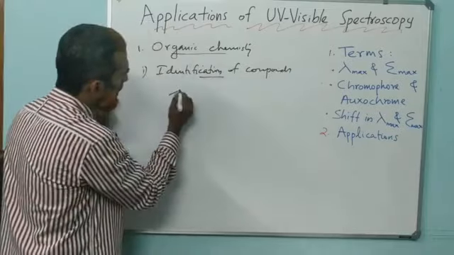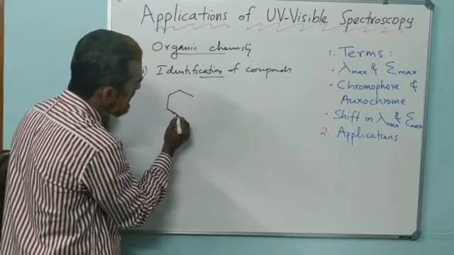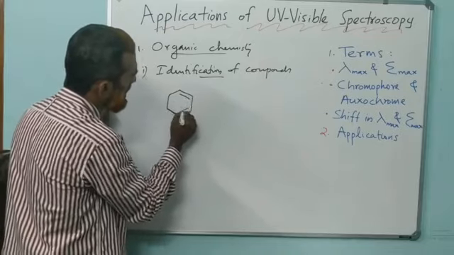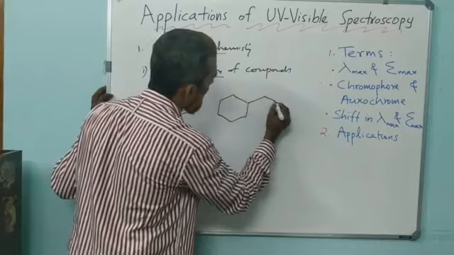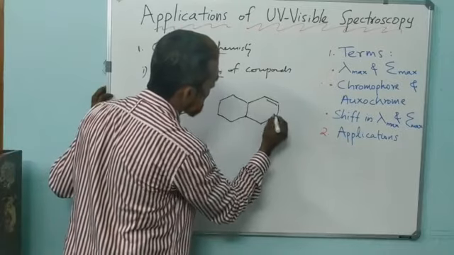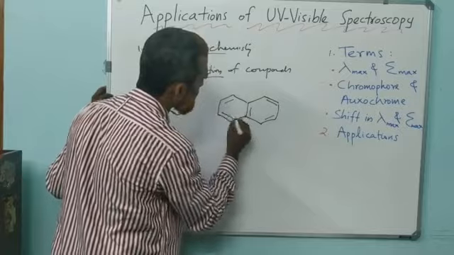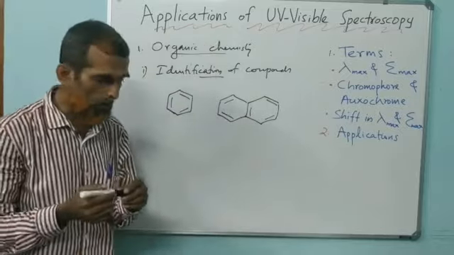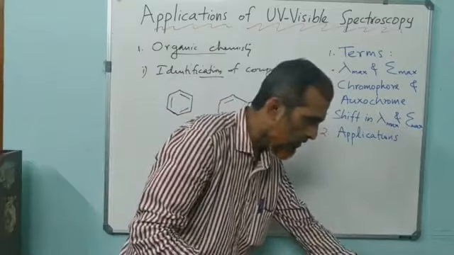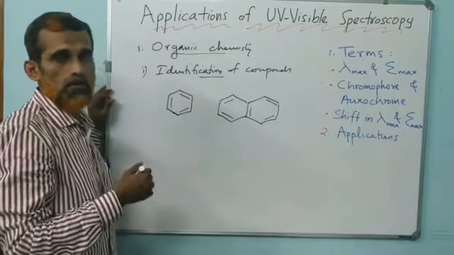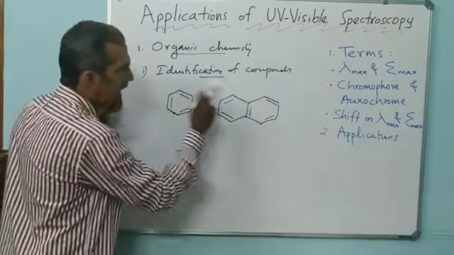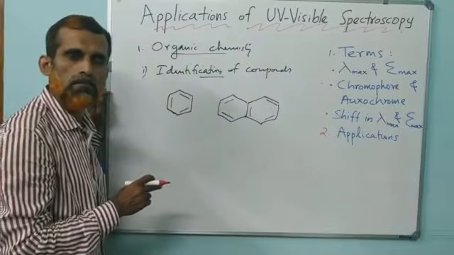For example, you take 2 compounds, that is, one is benzene and the other is naphthalene. How can you distinguish or identify these 2 compounds using UV visible spectroscopy? It's so simple. You can measure the lambda max of the 2 and you can correlate which will have larger lambda max.